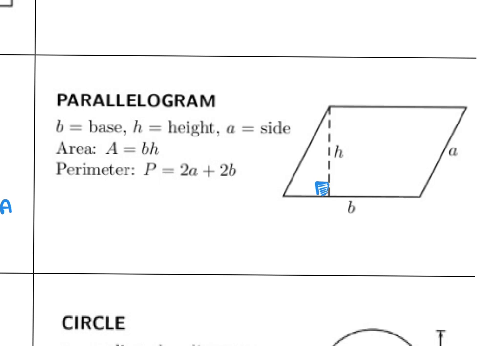Also, we have one more rule. If you have this side b and this side a, and this opposite side is also a, and you have the angle in between, for example this theta, you can find the area of the parallelogram: a times b sine of the included angle, sine theta.